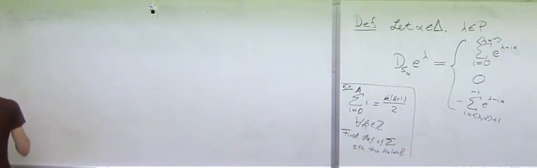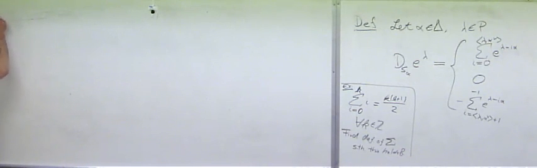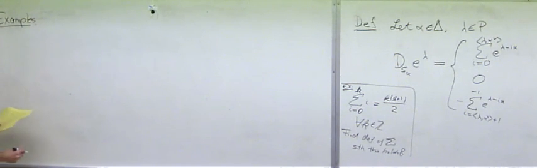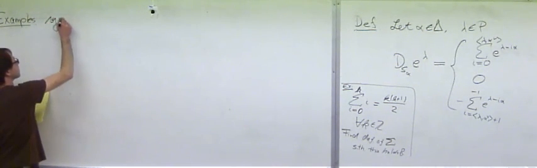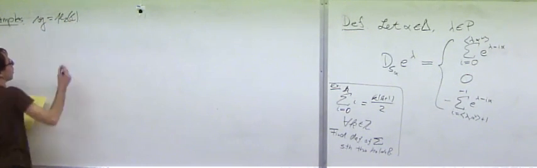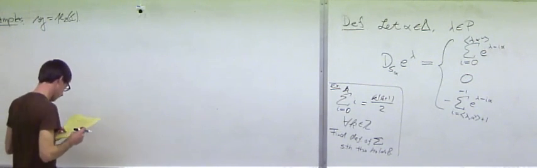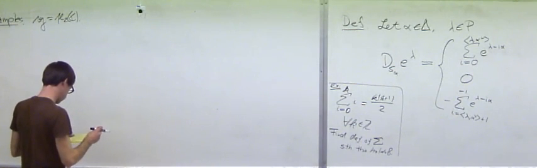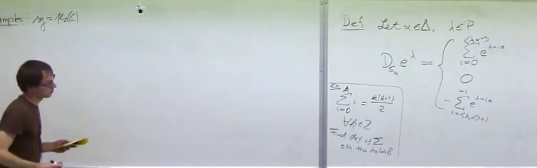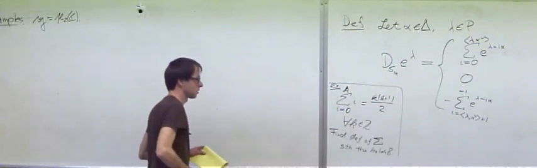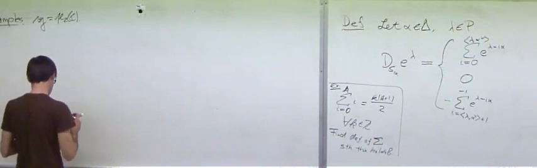Let me do some examples for these Demazure operators, and let's start with SL2. That's a rank 1 example. Let me write it down first as characters, as formal linear combinations of e to the something, and then as these infinite row vectors.